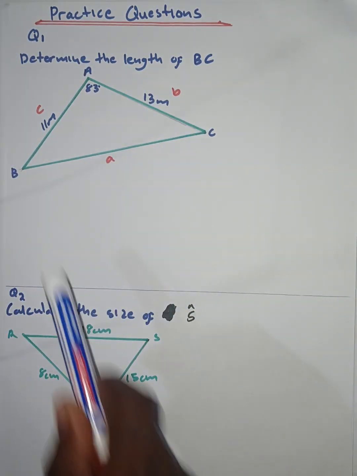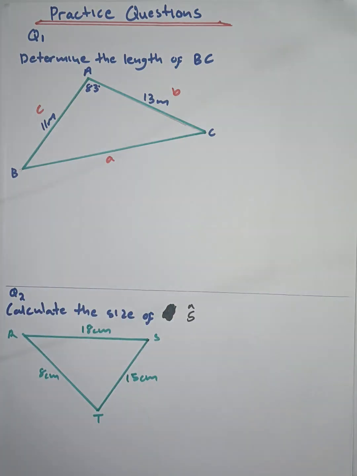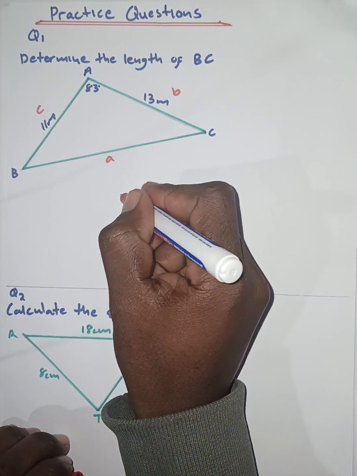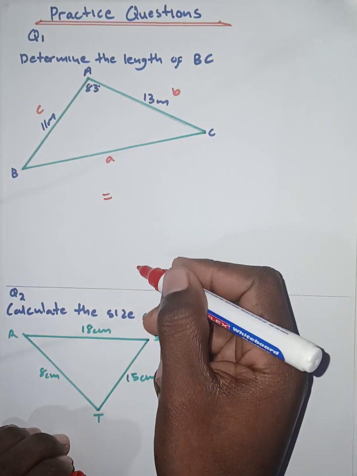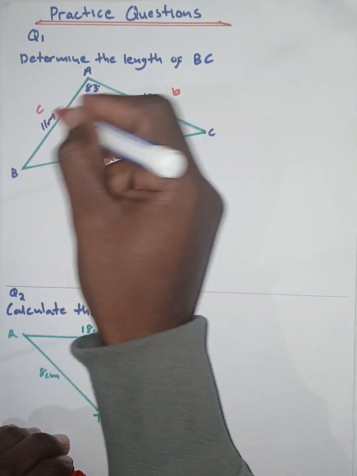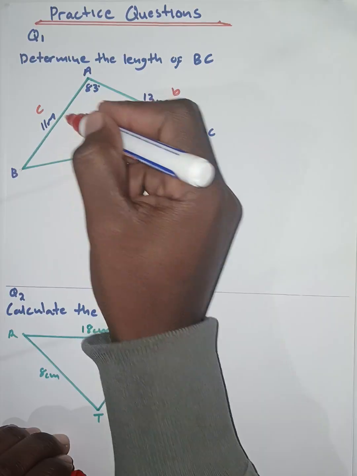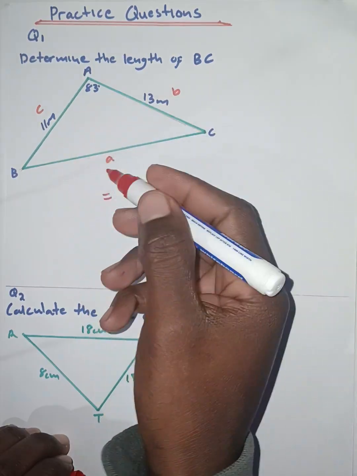Now, to calculate that BC, the first thing I would advise you to do is to set up the right-hand side first, because it is easy: the right-hand side only deals with the two adjacent sides and the angle in between. So let me use the equation.